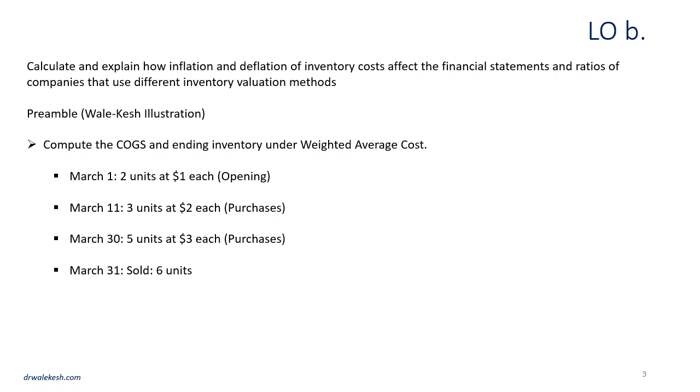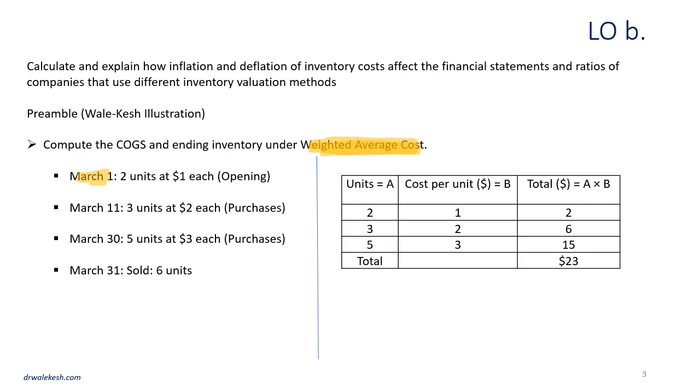Still on the same question, but now our focus is on the weighted average cost. On the 1st of March, we had 2 units at $1. That's 2 times 1, which is $2. Then on the 11th of March, additional 3 units were purchased at $2.